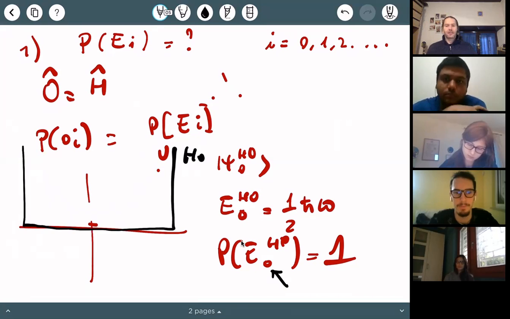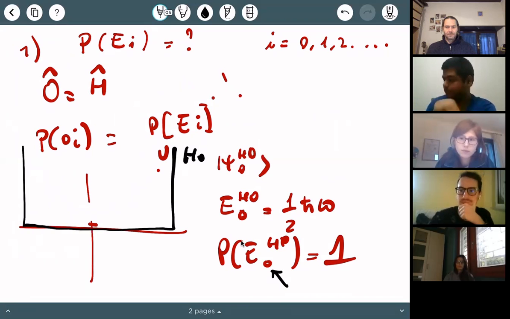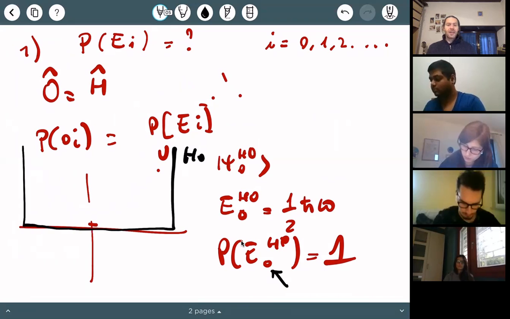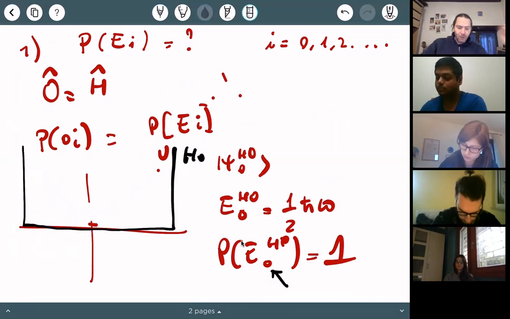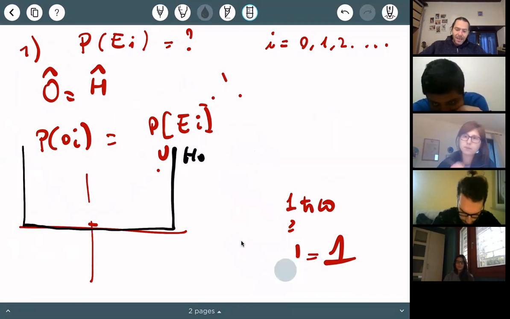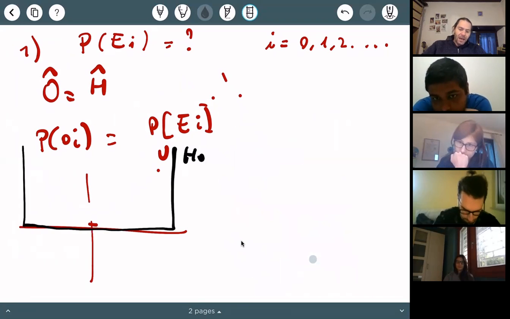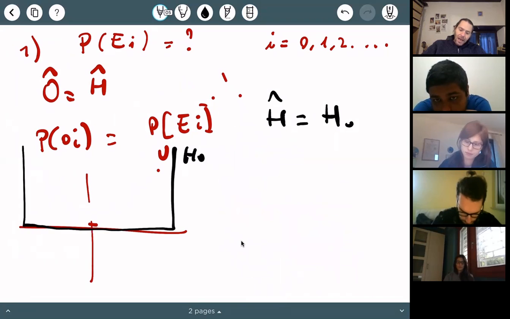Everybody is with me on this? If you're not with me on this, speak up. So given the fact that I have removed the harmonic trap, my Hamiltonian now is the H0 Hamiltonian.